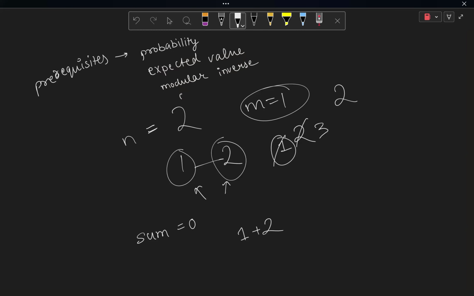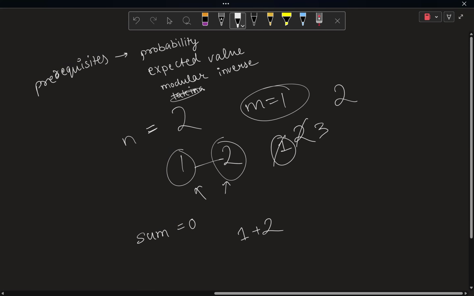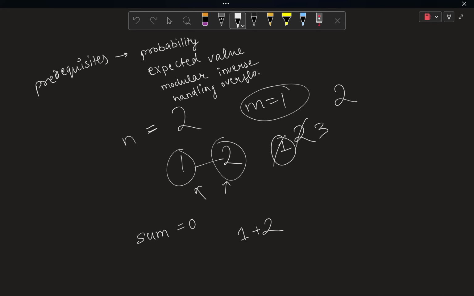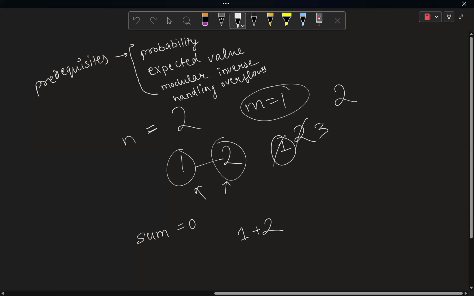And you should be good at taking care of overflows, or handling overflows in integers, because if you don't know how to handle overflows properly, then you might make some mistakes. These three are the important concepts.